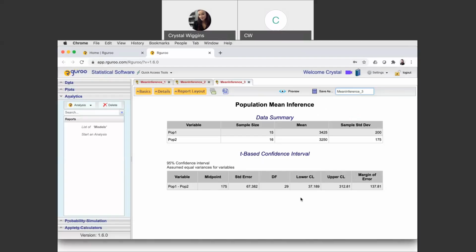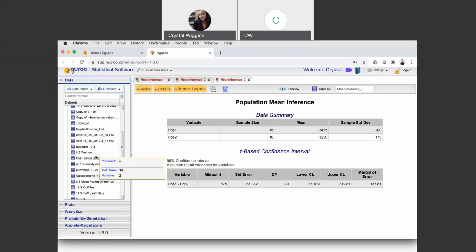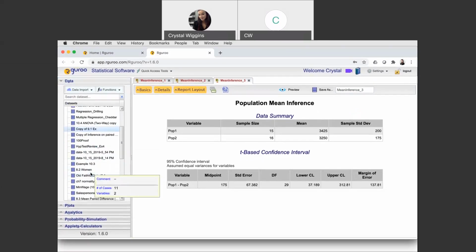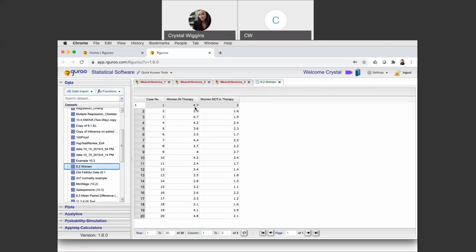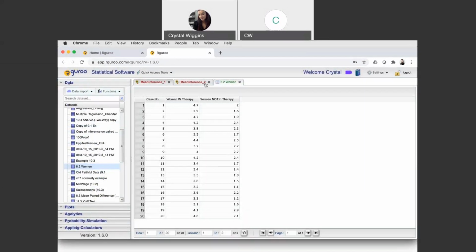Okay, so these data sets I've actually already put into my data input. Women, I believe that should be it. 8.2 women. Where did it go? There it is. Let me double click to double check what it looks like. Okay, again, before I do anything, I like to make sure that my data set is properly imported.